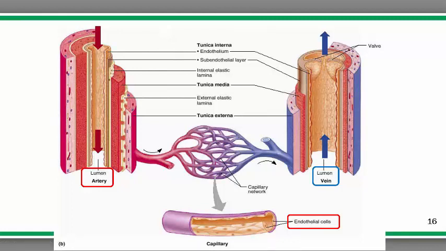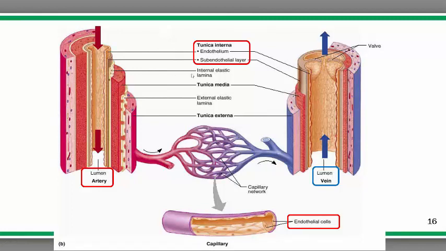and is the major component of capillaries. When we take a look at arteries, we see that in this drawing the color red is used as opposed to the color blue for veins, and that indicates that the blood flowing through the artery is oxygenated blood, so blood that has been maximally loaded with molecular oxygen.